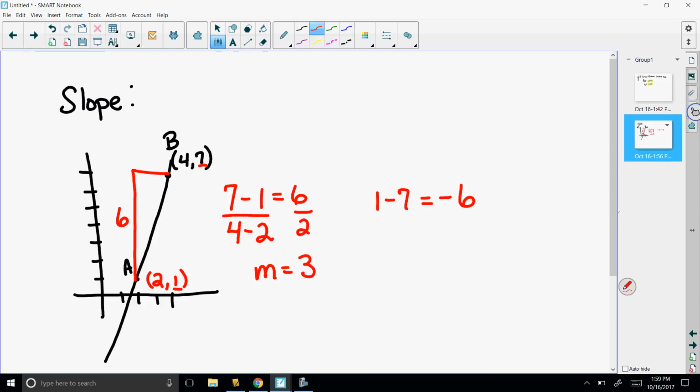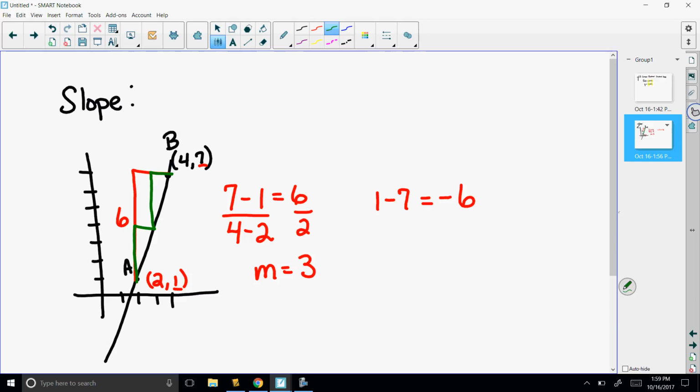Another way to get there is I could go up 3 and over 1, and then up 3 again and over 1, and I get to that point. That's a positive slope. We'll go back and refresh our memory on those.